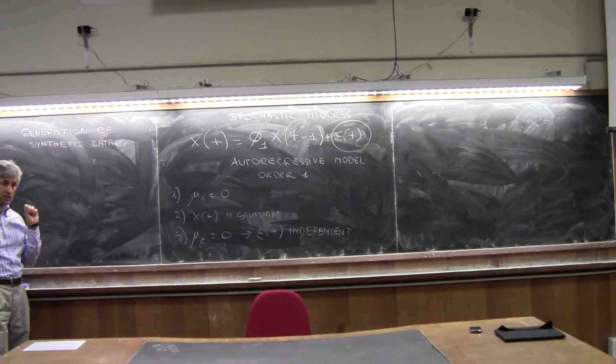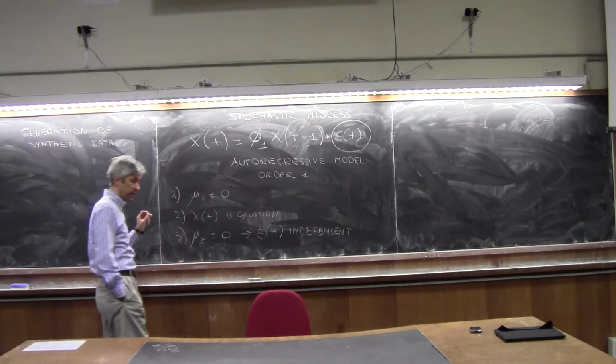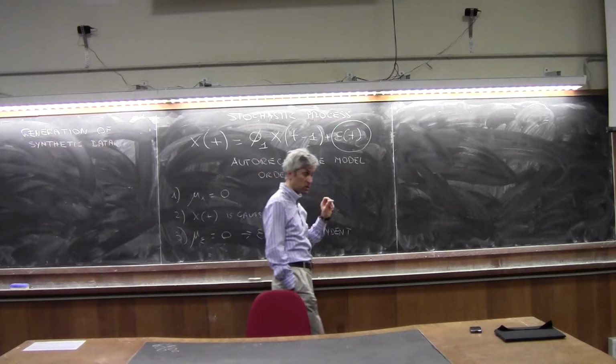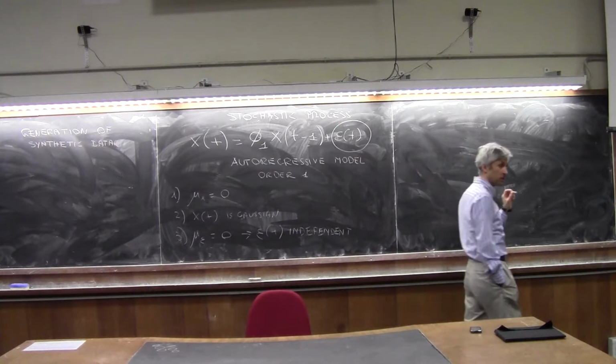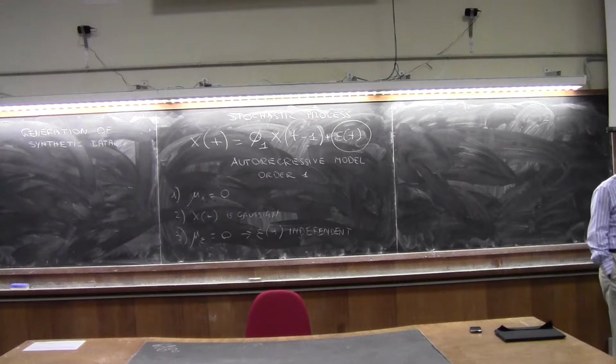Why is this easy? It's easy because epsilon is independent, so you don't have to take memory into account. And pay attention to this: when a random variable is independent, you can generate it just by sampling from the probability distribution.